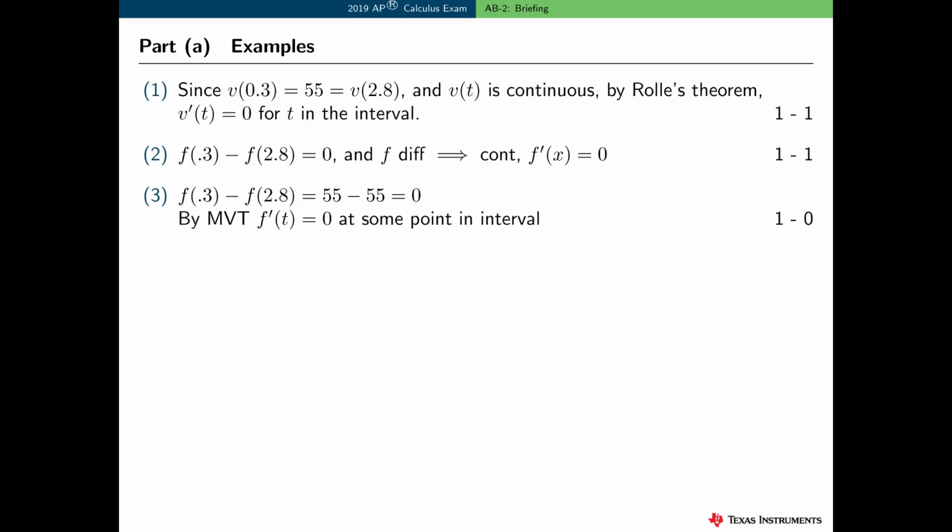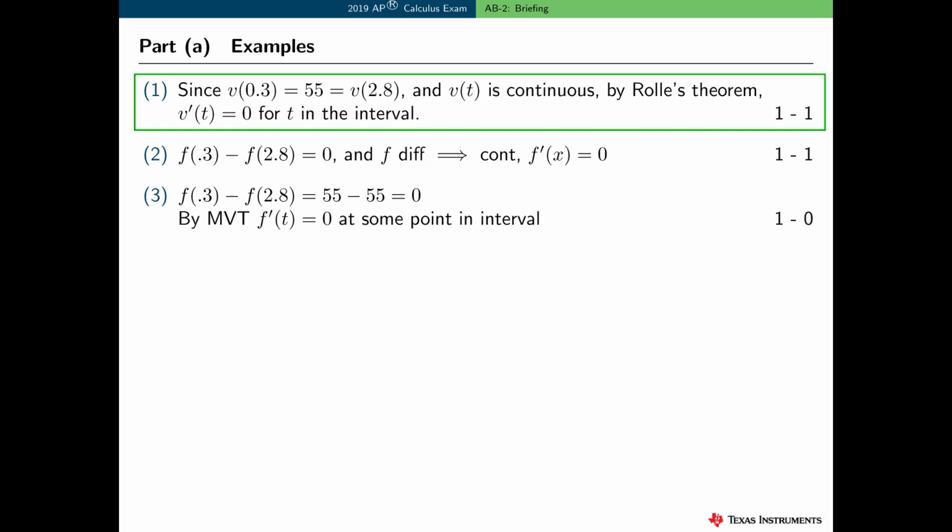Here are some sample student responses and how each was scored. In example 1, the student has misspelled v sub p, but they have conveyed that v of t is equal at t equal 0.3 and t equal 2.8, stated that v is continuous, and stated the correct conclusion. So this response earns both points.